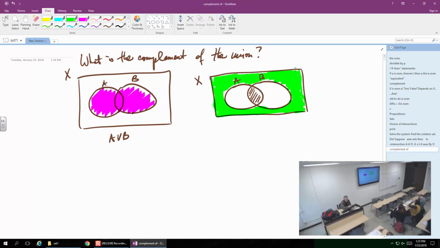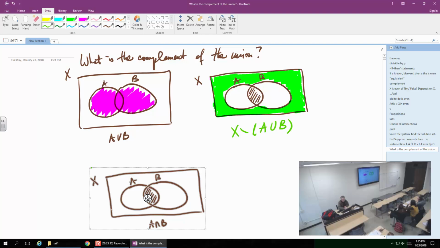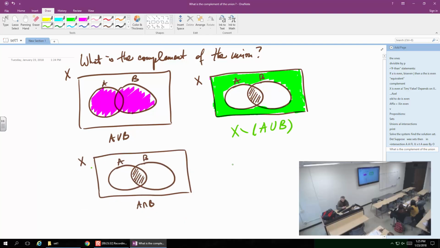Okay, so this is indeed, as claimed, the complement of A union B. And once again we're trying to figure out how to express it in terms of the original sets, right? Well, we can already certainly guess how.